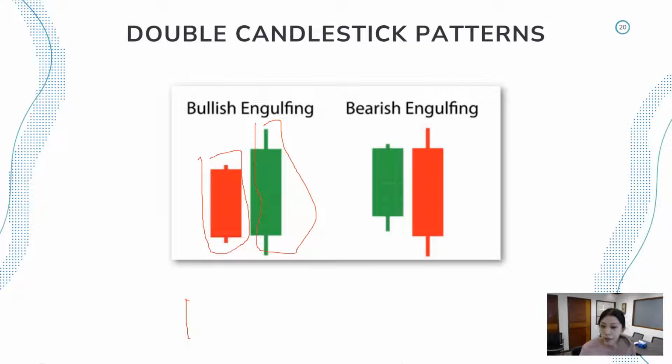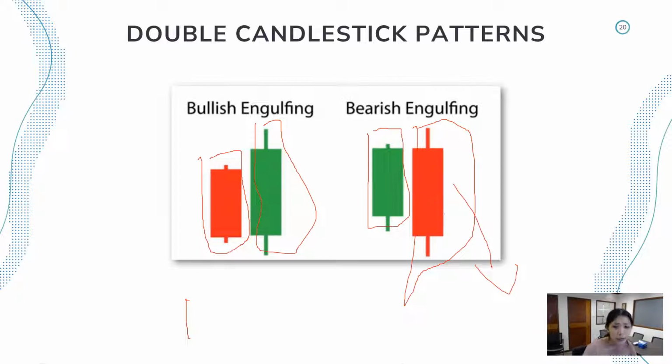And a bearish engulfing suggests that the price will fall soon, right? As you can see, this is a shorter green candlestick and this is a longer red candlestick. So you can identify this double and you can call for a short.